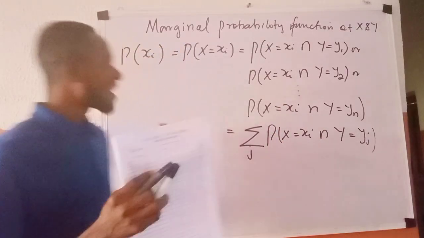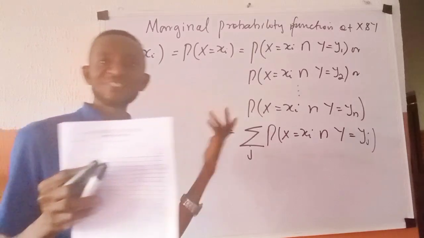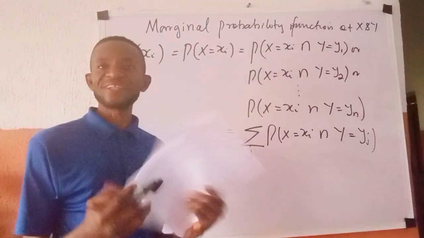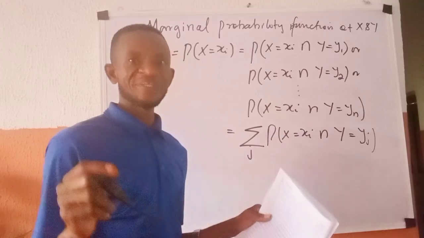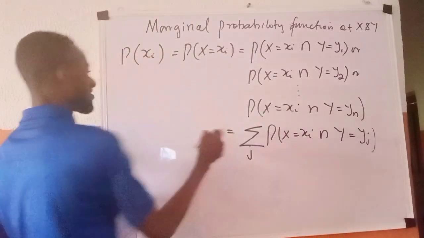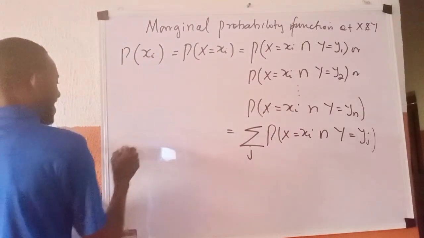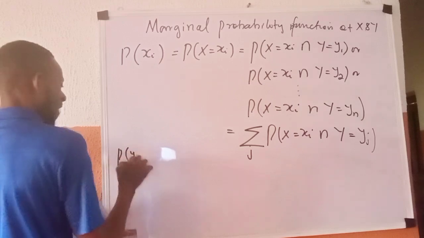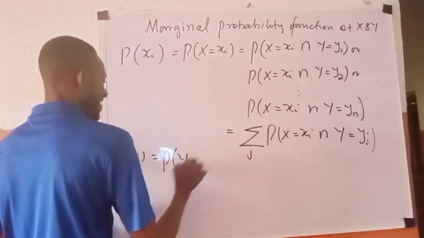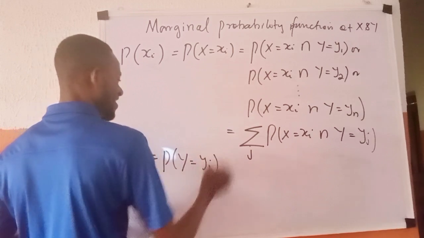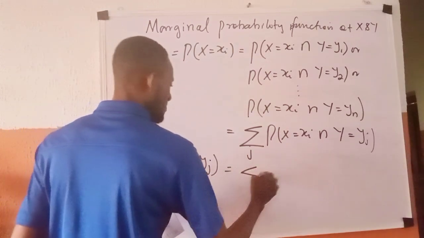Now, the way we found the marginal probability of x, we can equally find the marginal probability of y. To get the marginal probability of y, this expression is going to be written this way: p of y_j, which is the same thing as P of Y taking a value y_j, is going to be given as summation.